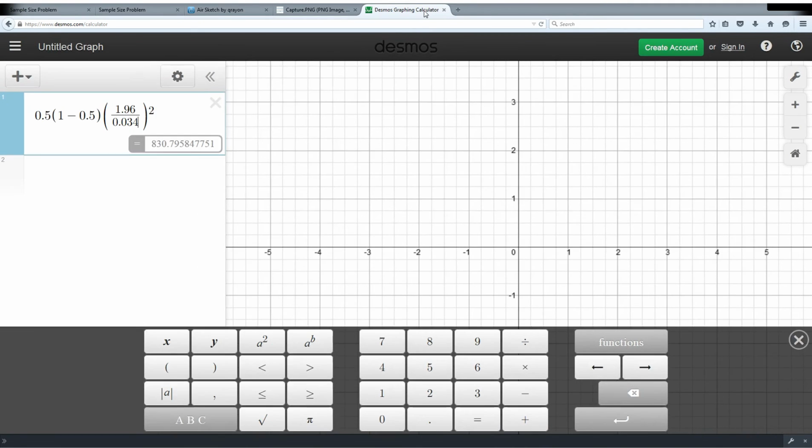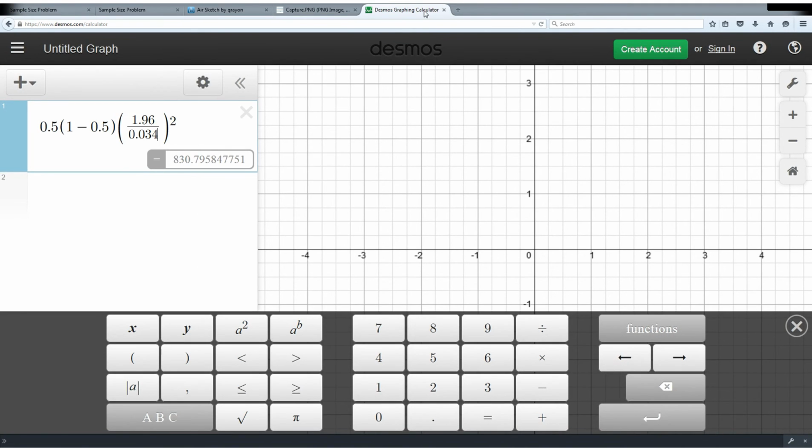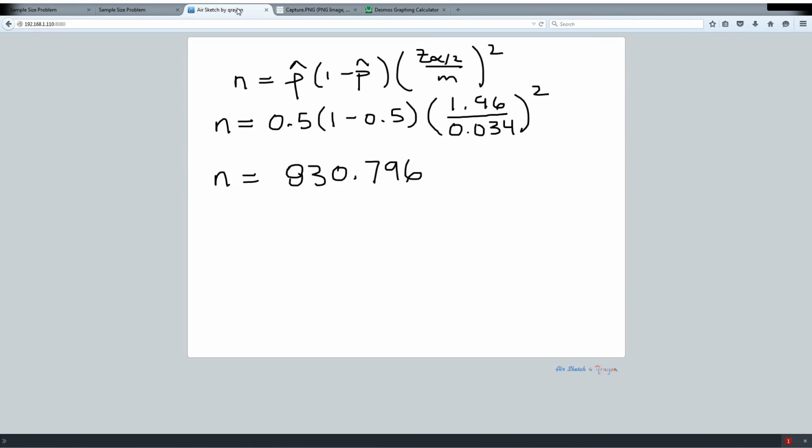Let me make that a little larger. It's a little easier to see. So that's the calculation that we would have there. And then that comes out to be roughly 830.796. So that's what that calculation comes out to be.